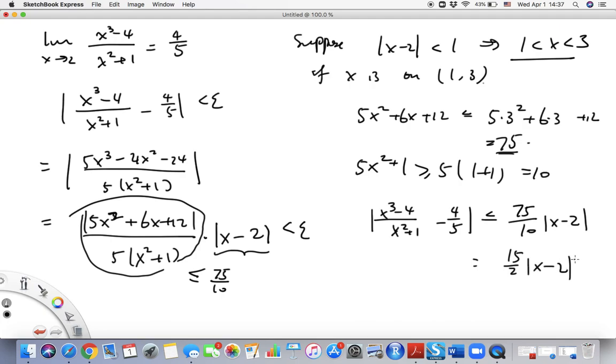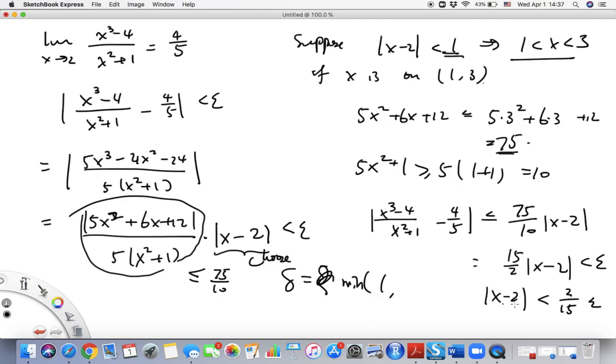We want this to be less than epsilon, so we just need the absolute value of x minus 2 to be less than 2 over 15 epsilon. Same trick as before, we can choose delta to be the minimum of 1 and 2 over 15 epsilon. So that delta would work.